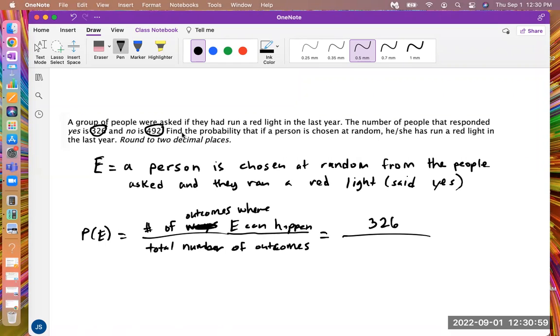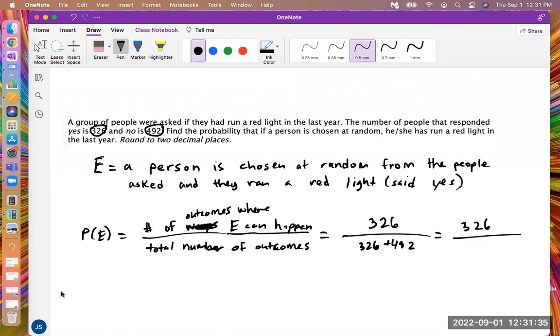So I'm assuming that everybody's either yes or no, and this is everybody surveyed. So these are the total number of outcomes. I could either pick one that says no or one that says yes, so we have to add those numbers together, 326 plus 492, to find the total number of outcomes. Because in reality, we could have chosen any of the 326 people who said yes, or any of the 492 people who said no. That's the total amount of outcomes that could possibly happen.